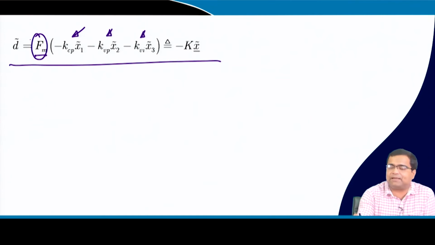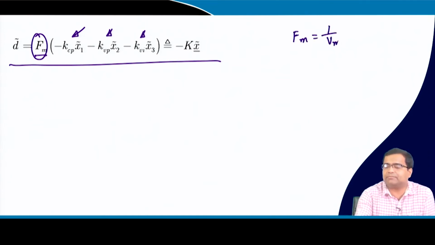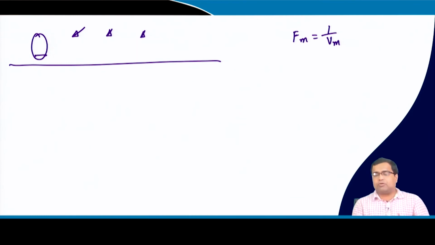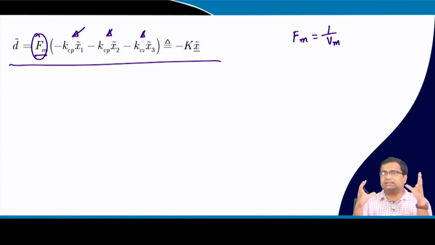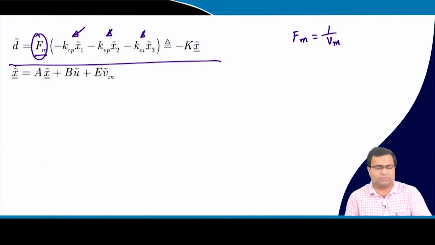What is my Fm? I can simply take 1 by Vm, that means I can use a PWM modulator. If you go to lecture number 18, we have discussed in detail the implementation of state space and state feedback control. So the modulator gain is 1 by Vm, because we will consider a ramp.